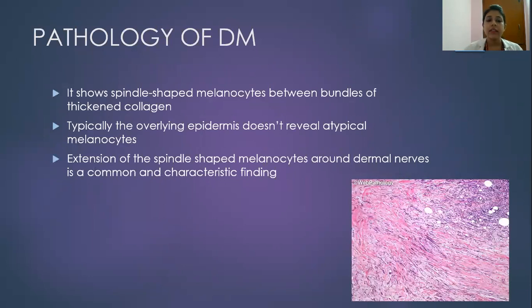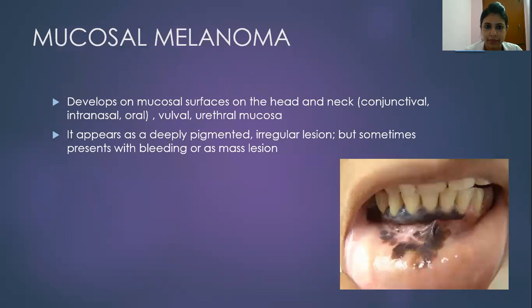Pathology-wise, it shows spindle-shaped melanocytes between bundles of thickened collagen. Typically, the overlying epidermis doesn't reveal any atypical melanocytes. Extension of spindle-shaped melanocytes around the dermal nerve is a common characteristic finding. So spindle-shaped melanocytes are seen between collagen. That's what we see in the desmoplastic type.